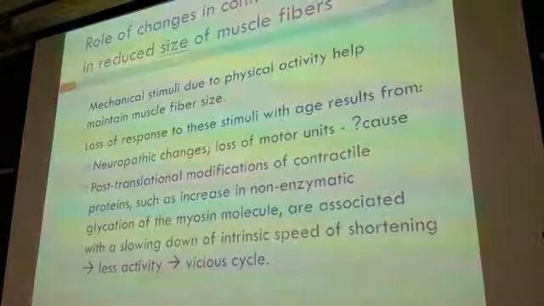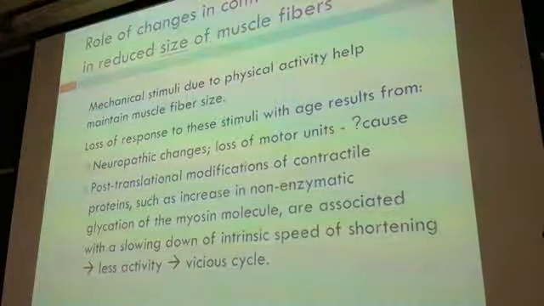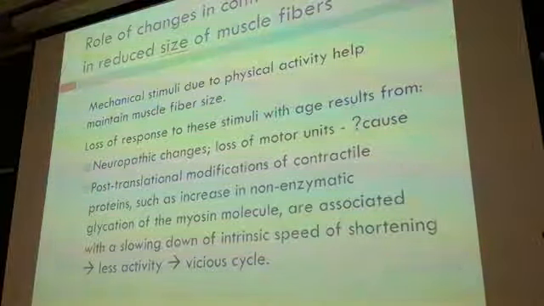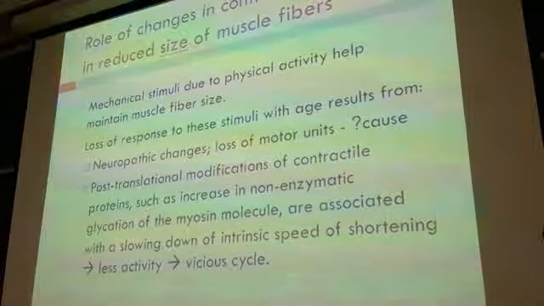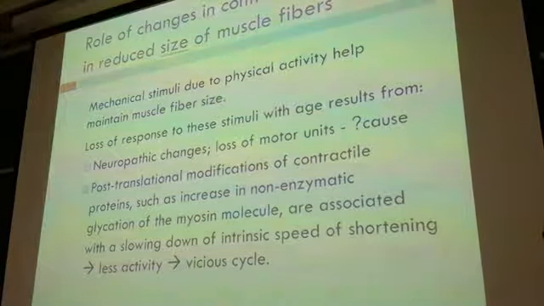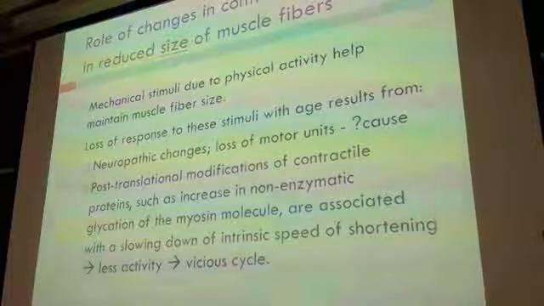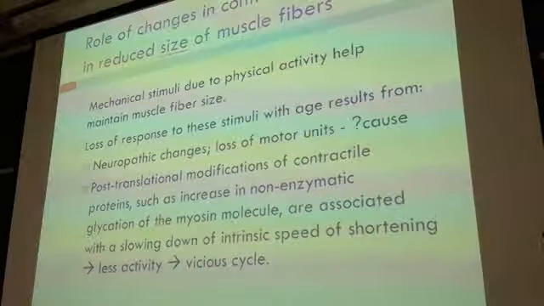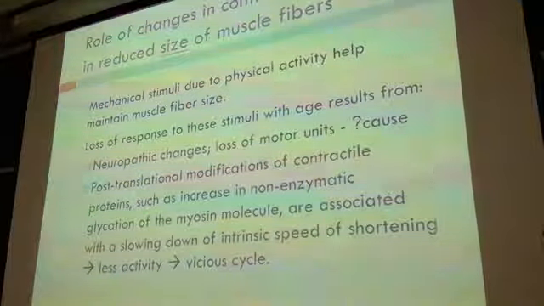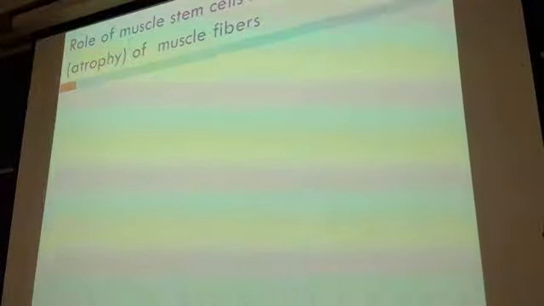There can also be changes in the contractile proteins themselves with age that reduce the size of the muscle fiber. The contractile proteins actin-myosin can be modified post-translationally due to non-enzymatic glycation, like hemoglobin A1c. There's excess glucose that can alter the myosin molecule, slowing down the speed of contraction, less activity, leads to a vicious cycle, more atrophy.